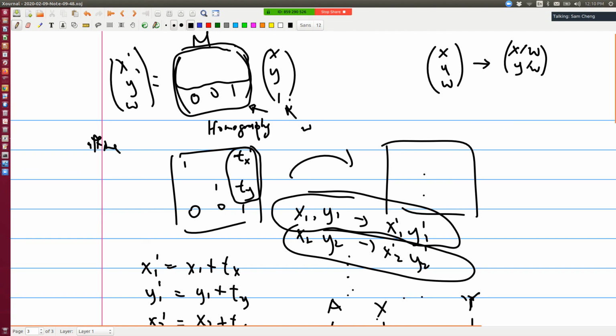If you remember, even though I have 9 parameters there, all of them kind of arbitrary, I only have 8 degrees of freedom here, because the scaling doesn't matter. I can multiply the homogeneous coordinate by any arbitrary scaling parameter, and it will still refer to the same coordinates. So therefore I actually have 1 less degree of freedom.